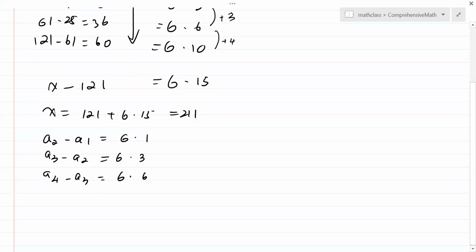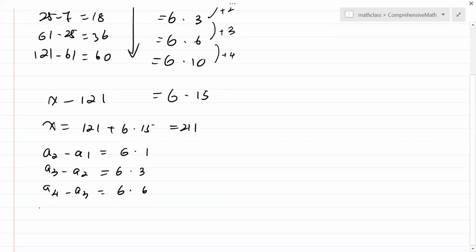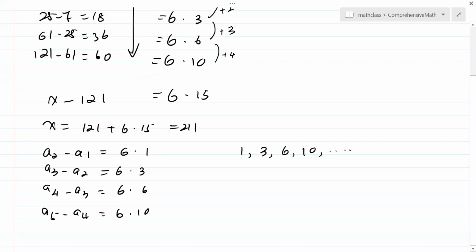So what you have to do is find the formula for the 1, 3, 6, and 10. You have to figure out how to express this sequence, the general term.